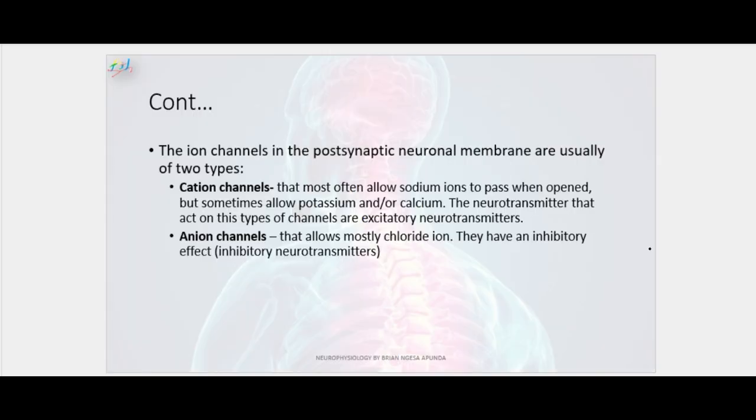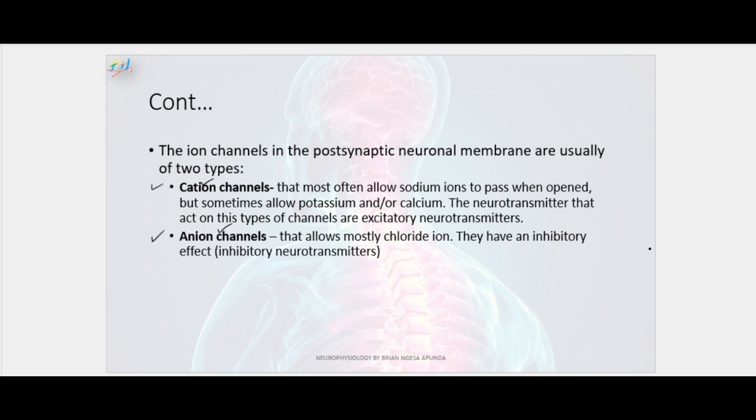So when you go specifically into the ion channels, of course, there are two types. You can have some cation channels and anion channels. This is because we've said that whether you want to experience an excitatory or an inhibitory response, it will depend on the type of ion that is activated.